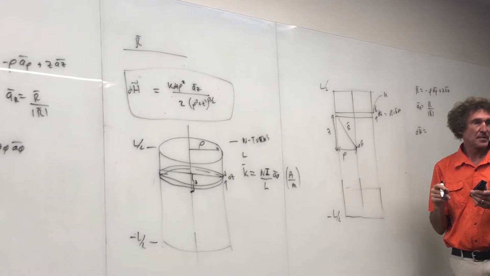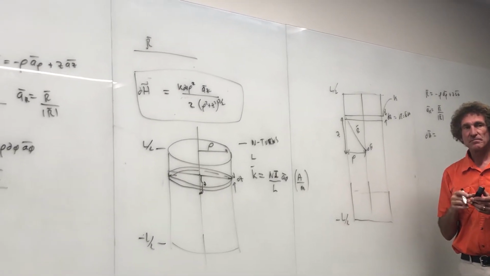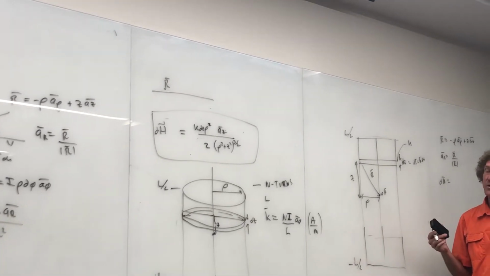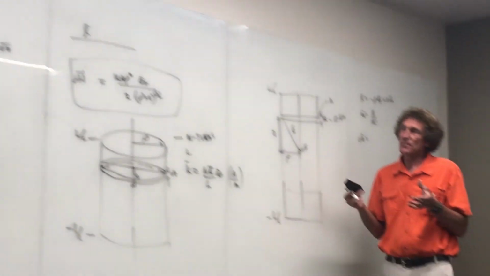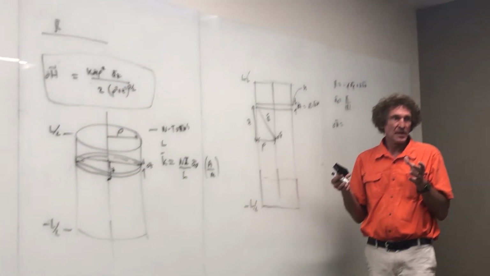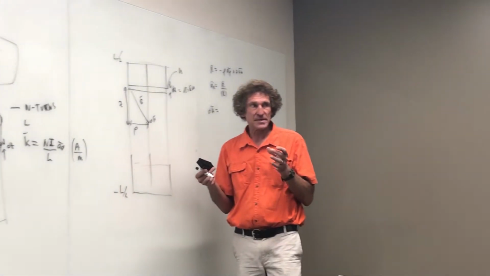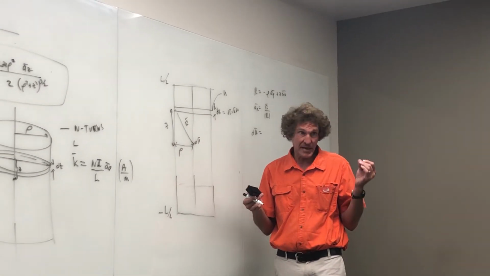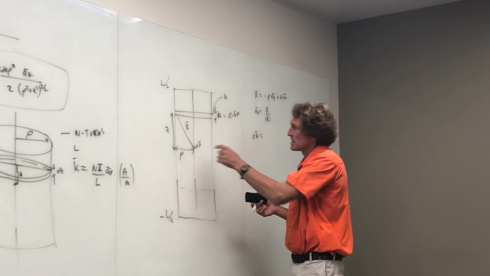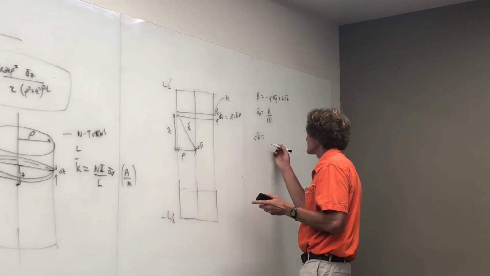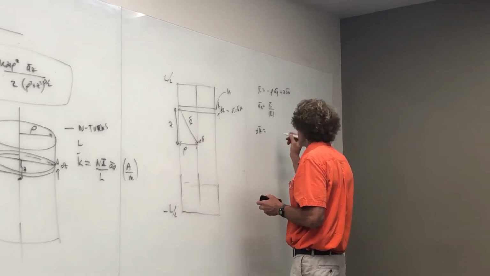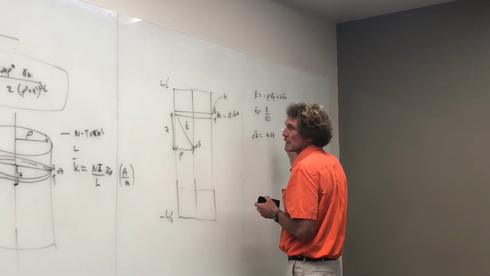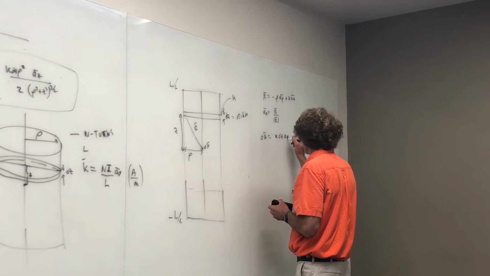Are you with me? If you looked at this problem, this should make perfect sense. We started with a ring. We're going to get the H field from a ring of current. Now, we have a ring of current, but it's infinitesimally thin, so it has a differential amount of current, not a given current I. And now we're going to get the differential field from that. So the differential H field would be K dz, in the a_phi direction.